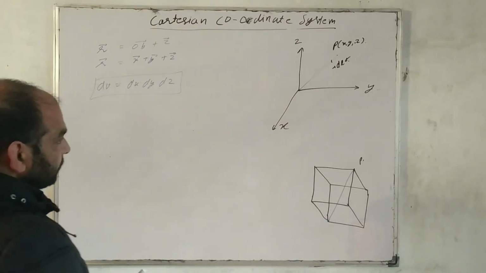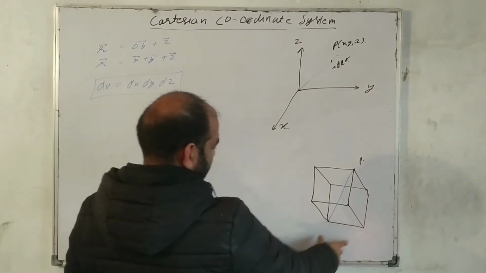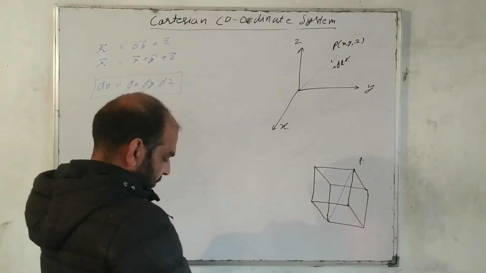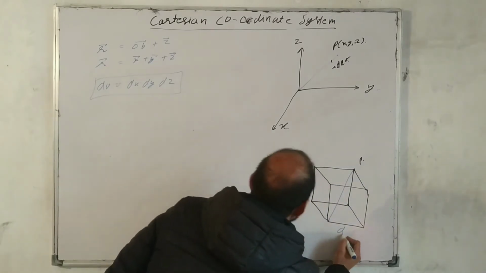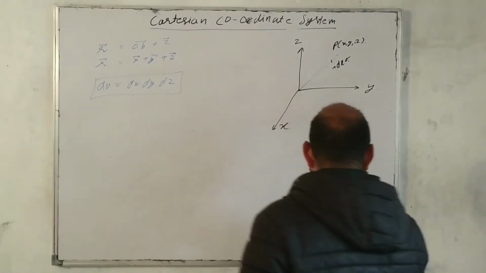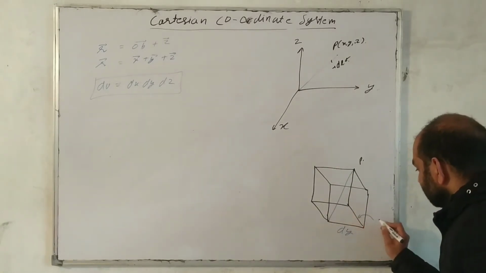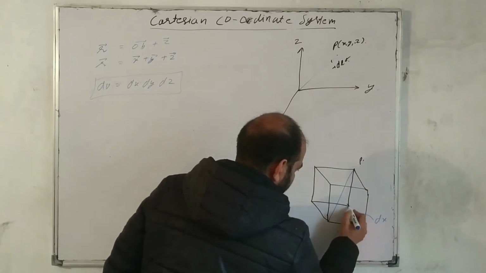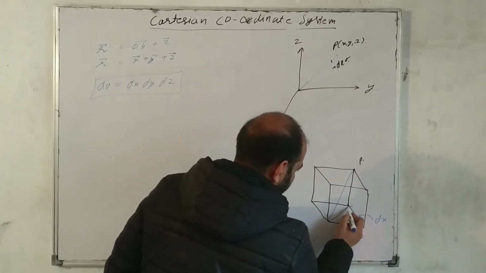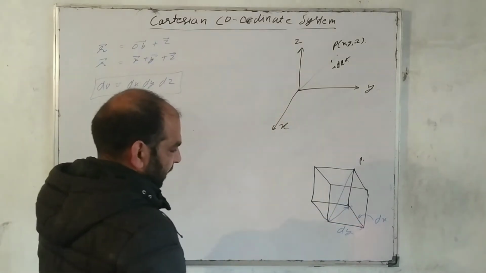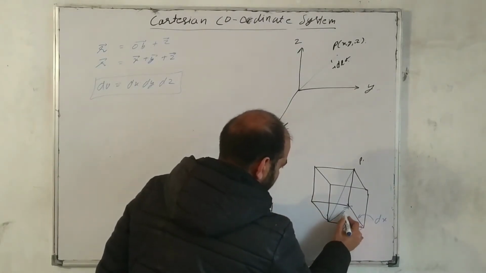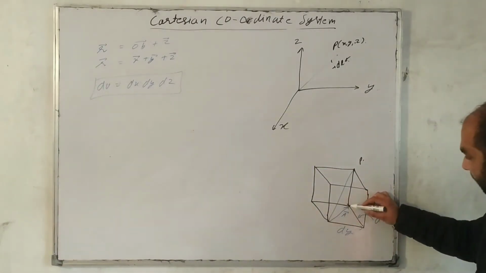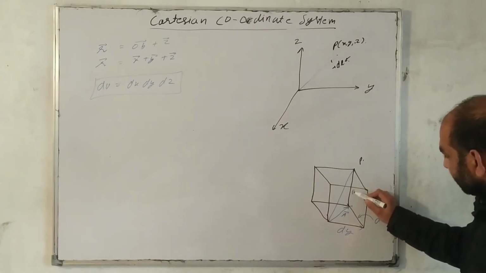Now this is along the y-axis and this is along the x-axis. Let this be dy and this be dx. So this is the dy vector and this is the dx vector. Then it will be the resultant of the dx and dy vectors. Suppose it is the a vector. Then this a vector plus this other vector from here to this point, let it be the b vector.